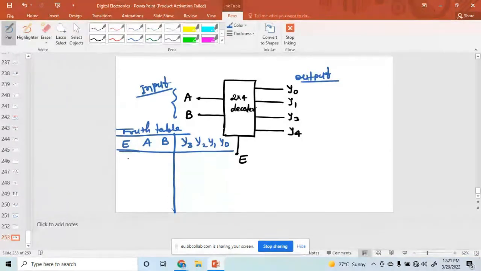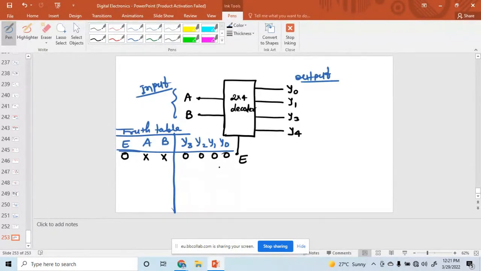When the enable line is 0, that means low, then whatever the value of A and B, the output is 0, 0, 0, 0.